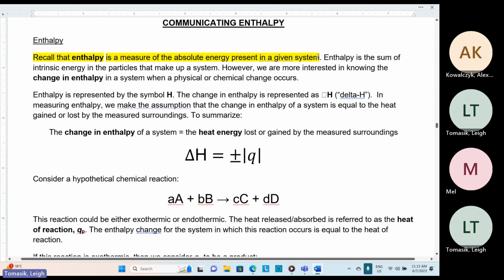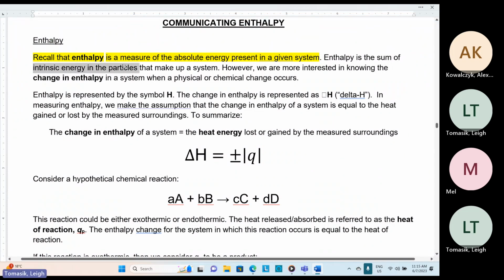All of the energies of the molecules, whether they are kinetic or potential, are in enthalpy together. So enthalpy is the sum of the intrinsic energy in the particles that make up a system. The intrinsic means within.